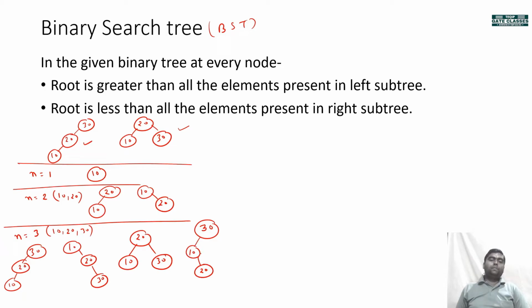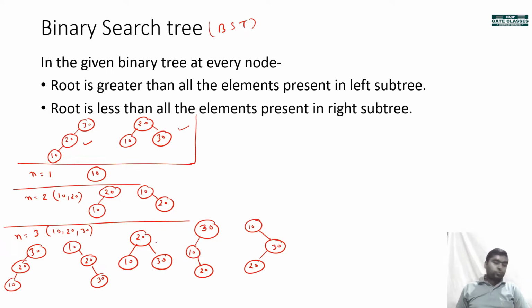At every node, left is lower and the right side is greater. One more possibility is 10 as root with 30 and then 20. So it is 1, 2, 3, 4, and 5. I think these many binary trees are possible.